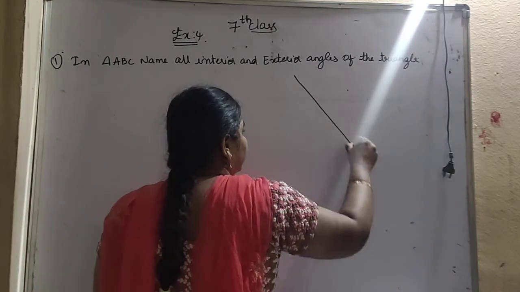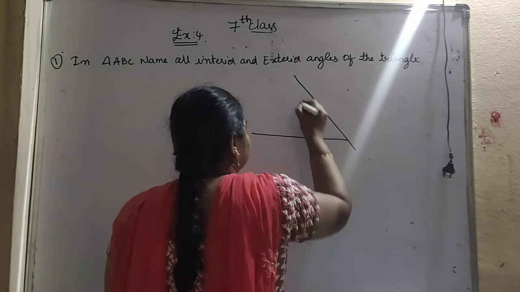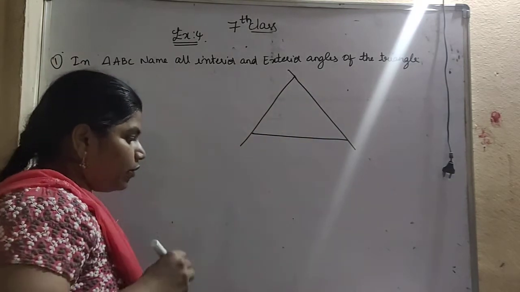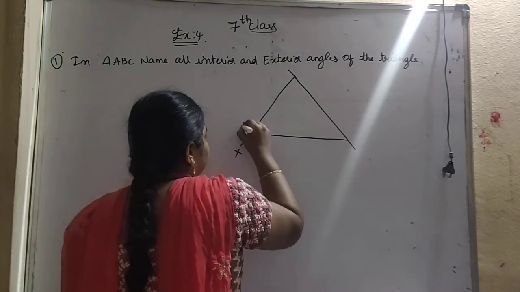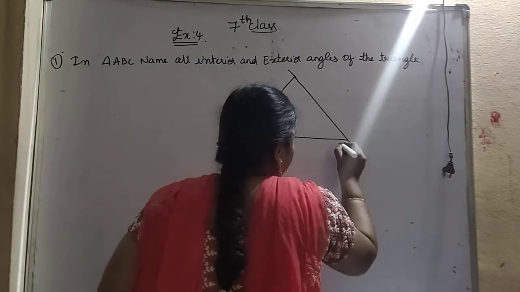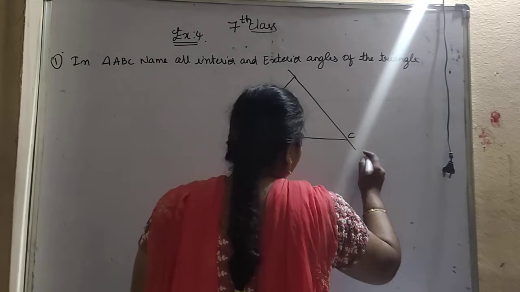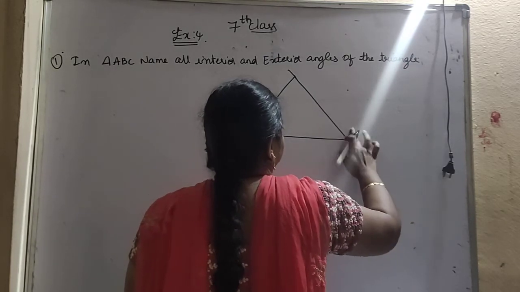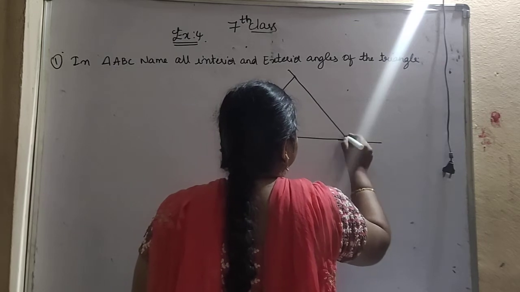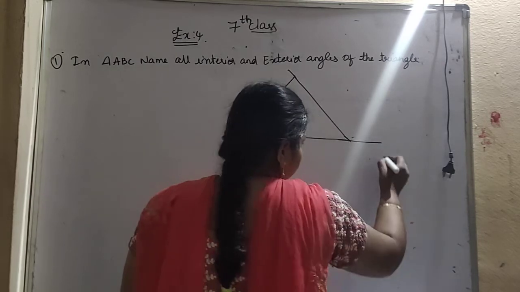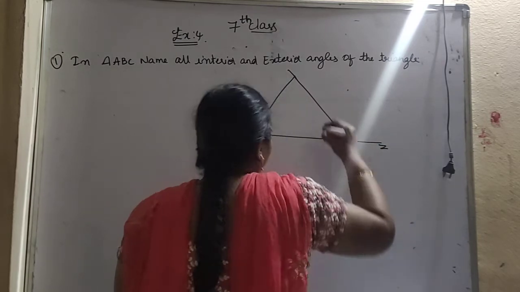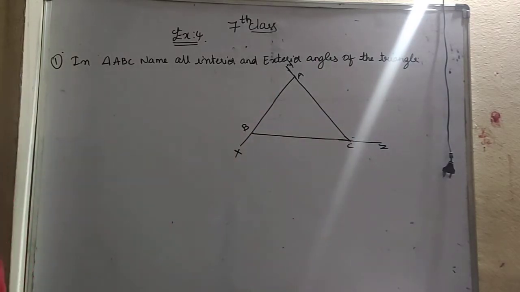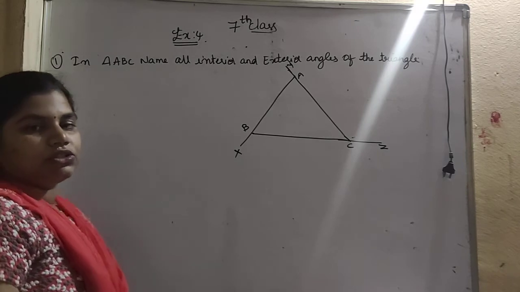So what is the figure they have given? They have given the figure in this way. So this is X, B, C. Sorry, it is like this. So Z, C, and this is A and Y. So we have to write what are interior angles and what are exterior angles.